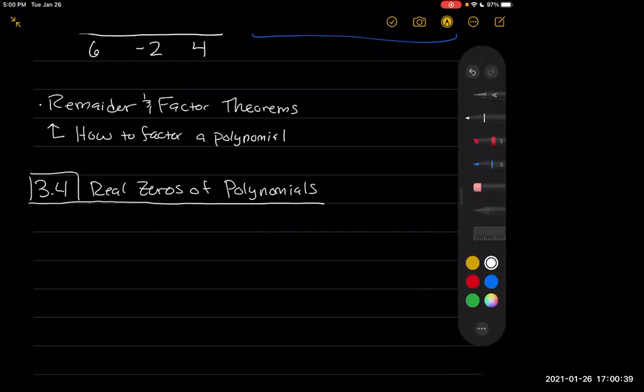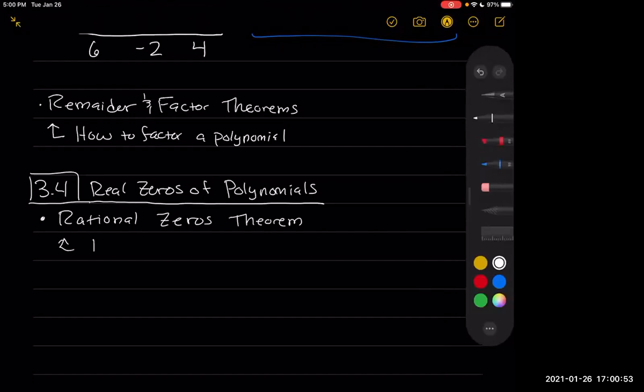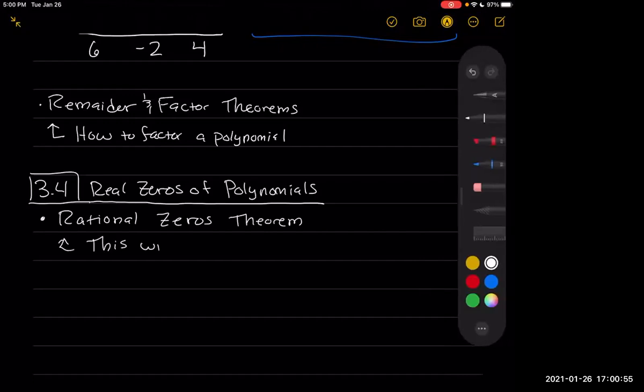All right, so the first thing we talked about was the rational zeros theorem. This will be on the test. You need to understand this theorem as it's really important.